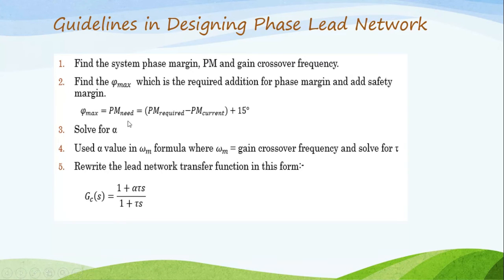The third step is to solve for alpha. The fourth is to use the alpha value in the omega m formula, where omega m equals the gain crossover frequency, and solve for tau. The fifth and last step is to rewrite the lead network transfer function in this form: Gc(s) equals (1 plus alpha tau s) over (1 plus tau s).